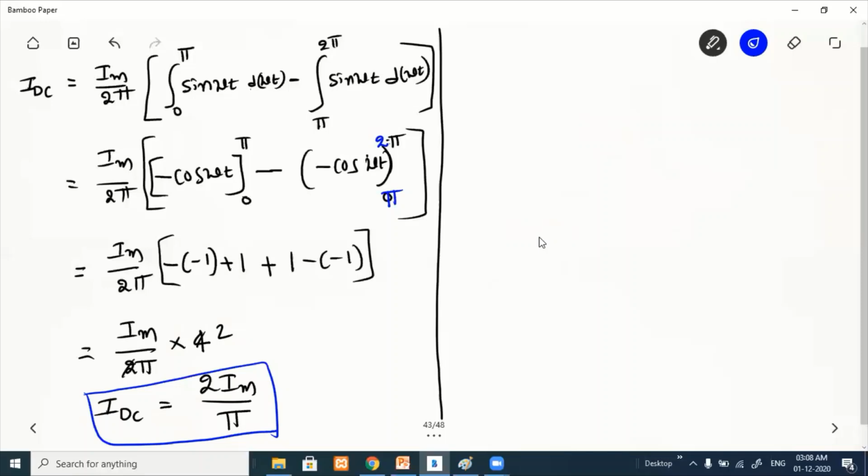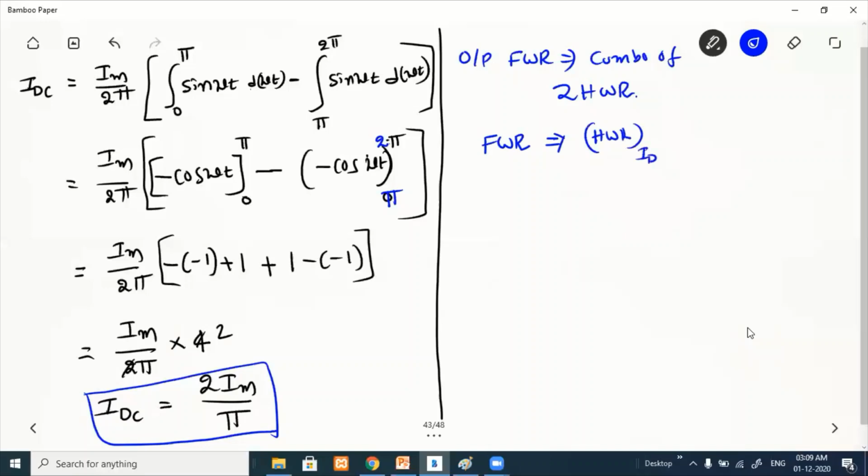So in general, the output of full wave rectifier is the combination of two half-wave rectifiers. Two half-wave rectifiers conduct in alternate half cycles. Hence, for full wave rectifier, we can find the average DC load current as half-wave rectifier IDC plus half-wave rectifier IDC.